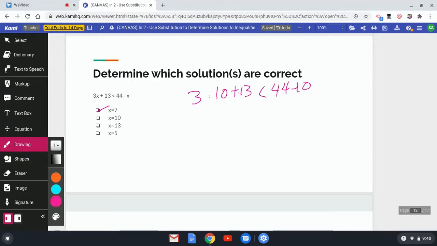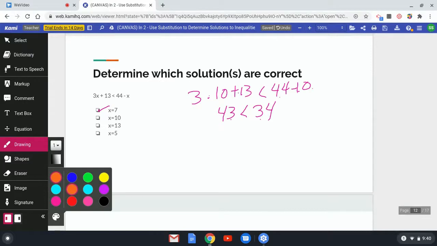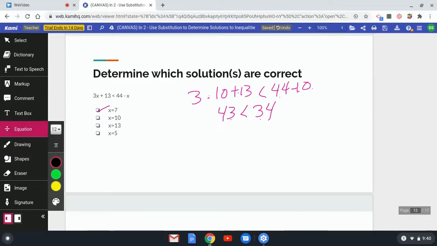Okay, so 3 times 10 is 30. 30 plus 13 is 43. 44 minus 10 is what? 34. So is 43 less than 34? Nope. So that is not a solution.